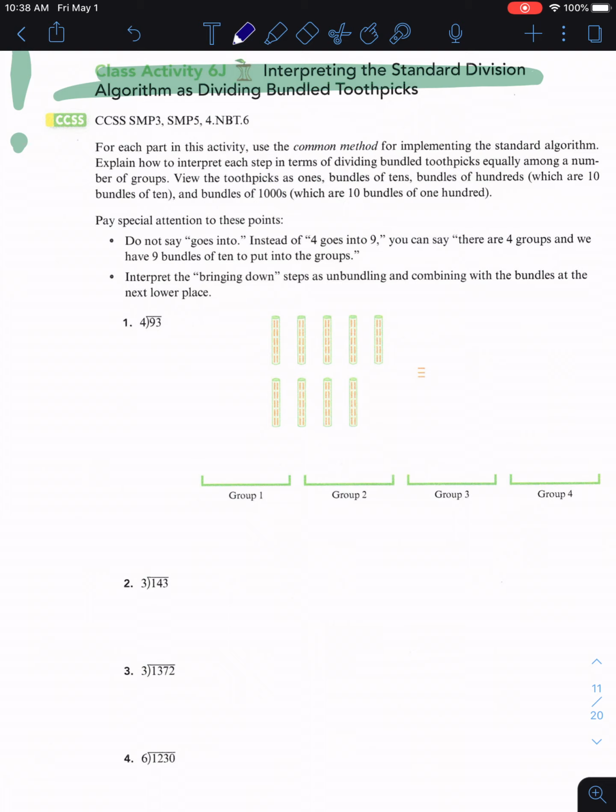Now, the issue with some of the language is really the way we even say the division. So 4 into 93, or goes into, or divided into, is actually quite a complicated statement, instead of 93 divided by 4.